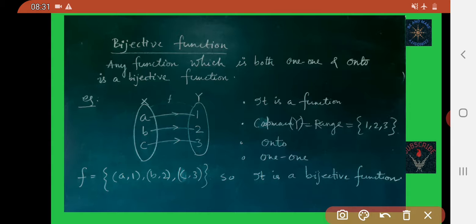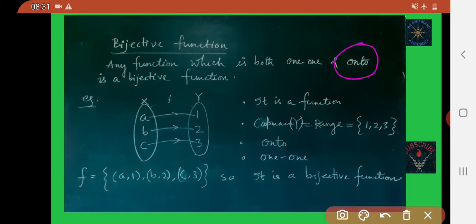Okay. Now, it is a one-one function because different elements of set X have different images in set Y. So, it is a one-one function. Okay. Now, we see whether it is an onto function or not.